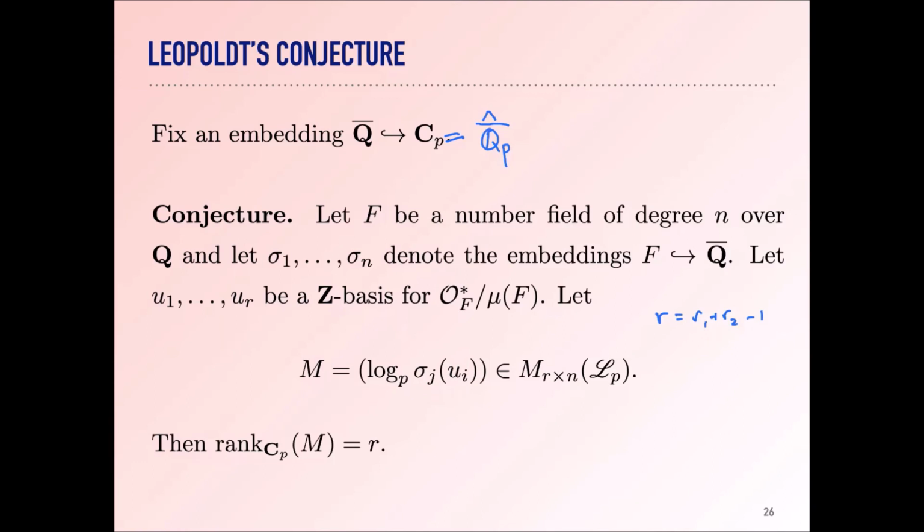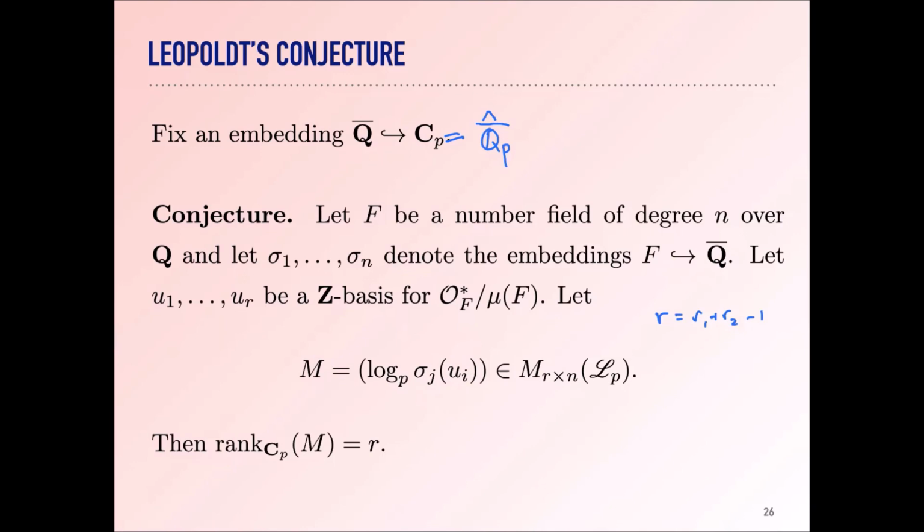Okay, so once I've embedded F into Q bar, then I've fixed one embedding of Q bar into C_p, I can view this as an element of C_p, and then I can take its p-adic logarithm. The p-adic logarithm is defined on C_p star. So then this is an r by n matrix in what I will call L_p, which is p-adic logarithms of algebraic numbers.